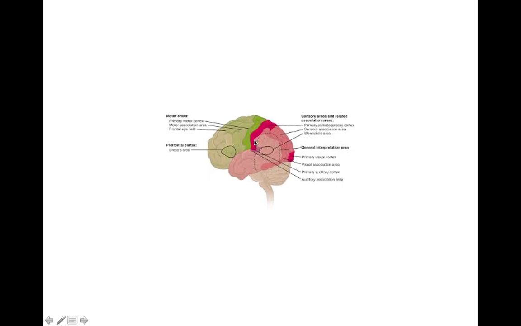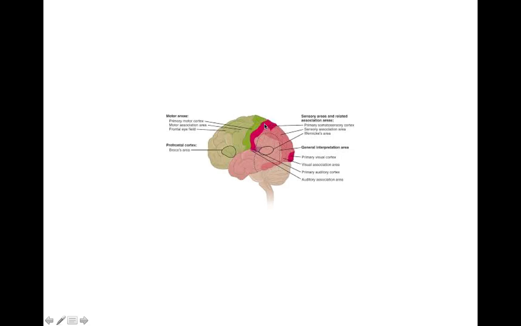This is the primary sensory area. That is constituted by the post-central gyrus of the parietal lobe. We have got the areas here, area 3, 1, 2. This is the sensory associated area, whereas this is called the primary sensory area that receives the signals of all sensory modalities from the periphery to the center through the spinothalamic tracts, through the medial lemniscus, ultimately to the thalamus, reaching the primary sensory cortex.